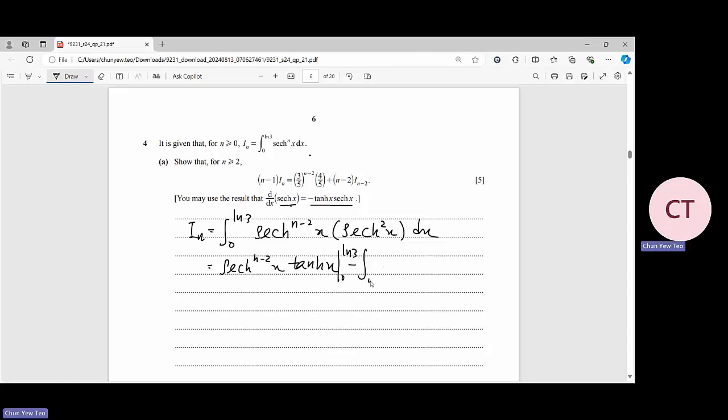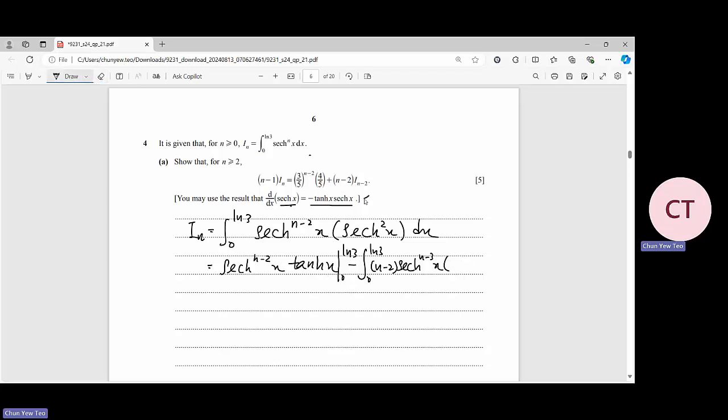So this one is the integral from 0 to ln 3. This one you differentiate, you will get sec to the power of n minus 3 x. Differentiating sec, you will get sec x tan x. I forgot the negative.